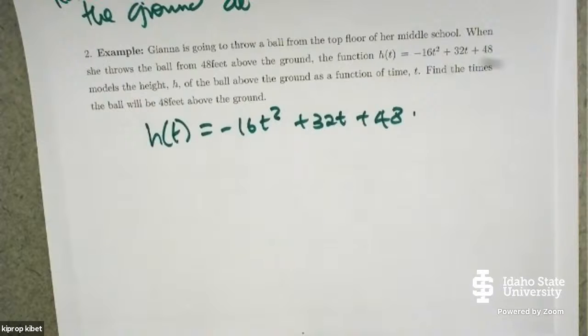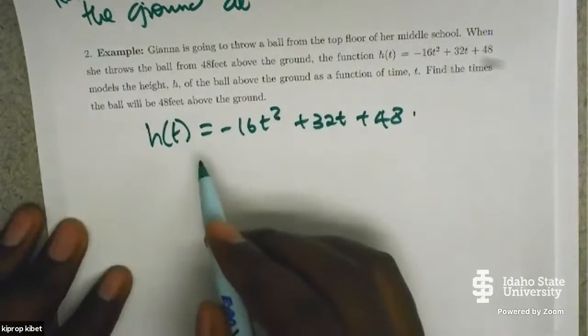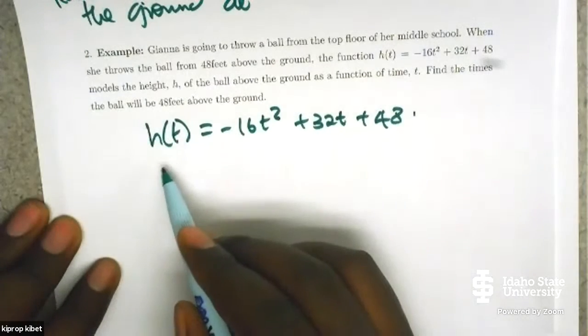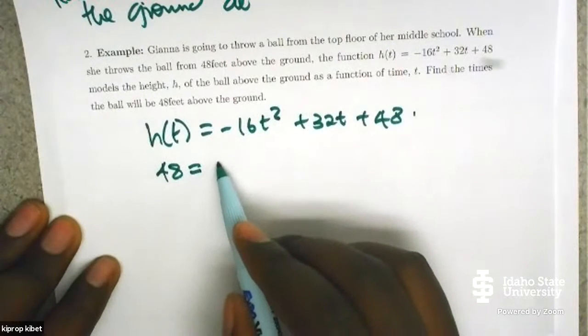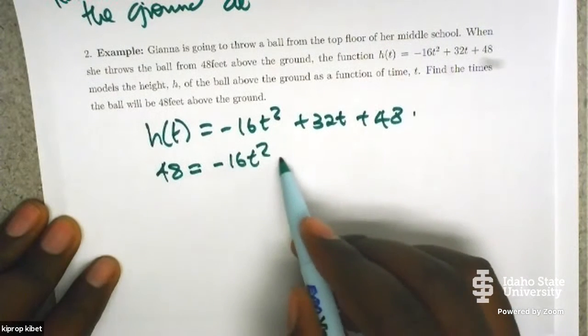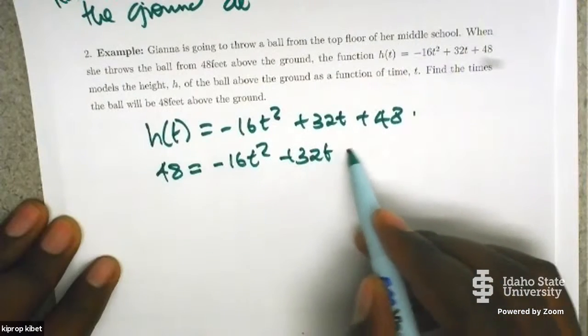So therefore, our h of t will now be what? 48 equals, so it will now be the h, which is the height that it will cover. What time will it take to get to 48 feet? So it will be 48 equals minus 16t squared plus 32t plus 48.